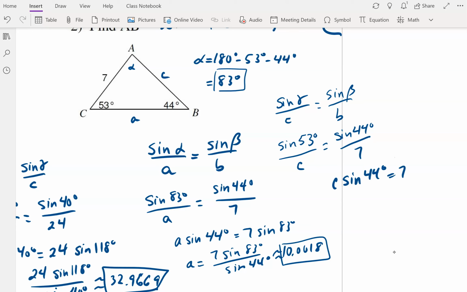So you get C times sine of 44 equals 7 times sine of 53. And then divide. So we get 7 times sine of 53 degrees over sine of 44 degrees.